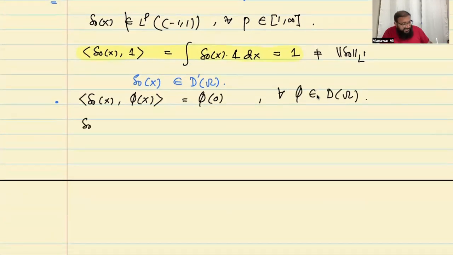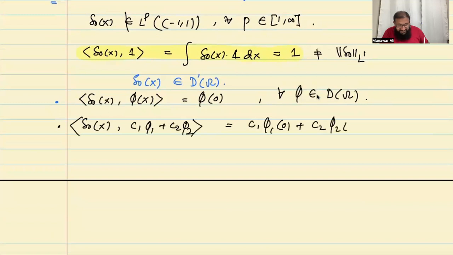And when I apply delta naught on, let's say, c1 phi1 plus c2 phi2, is this linear? The answer is yes. This will give me c1 phi1(0) plus c2 phi2(0). So it is linear.